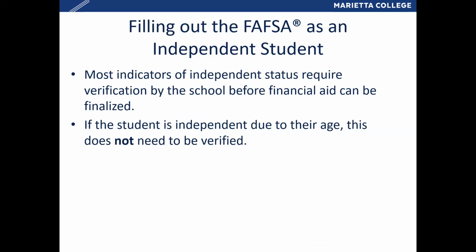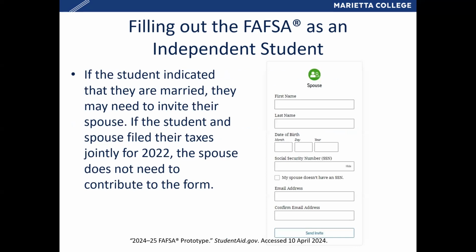So the school will reach out and ask to verify the circumstance the student has selected. This must be done before financial aid can be finalized. If the student is independent due to age, this does not need to be verified, as federal student aid does verify the student's identity information when they process the FAFSA.